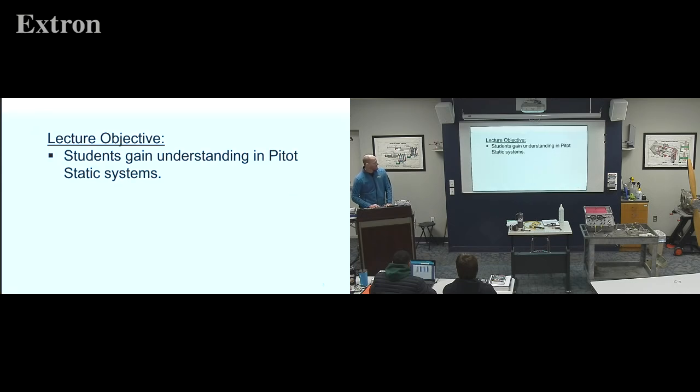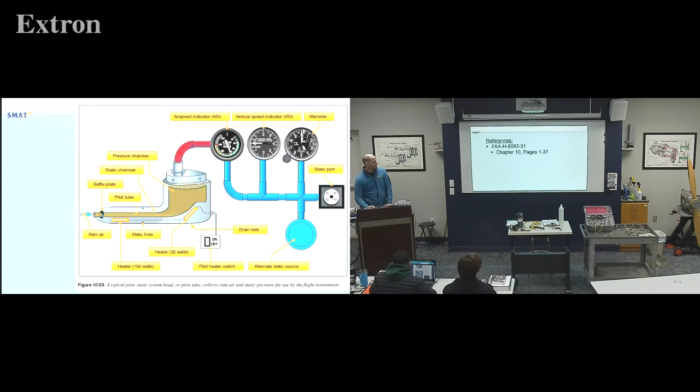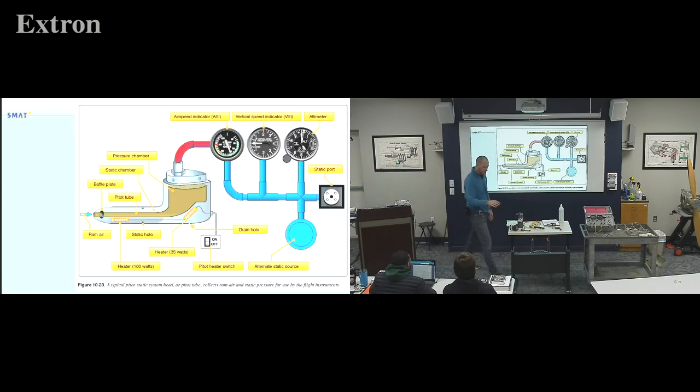All right, here we go today: pitot-static systems. Chapter 10, and it does jump around quite a bit. We'll touch on a bunch of areas. In our aircraft, we have a pitot tube that sticks typically out the front. Sometimes it's under the wing, and there is air that's basically being forced.